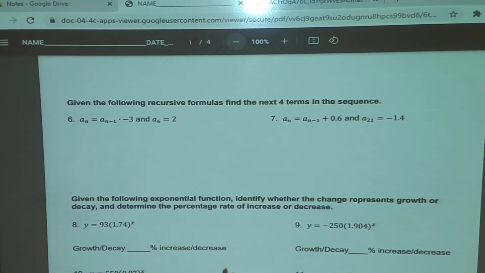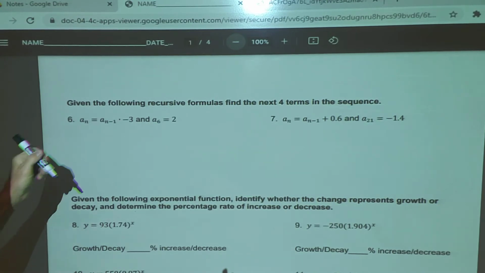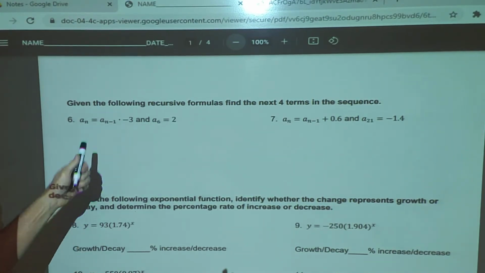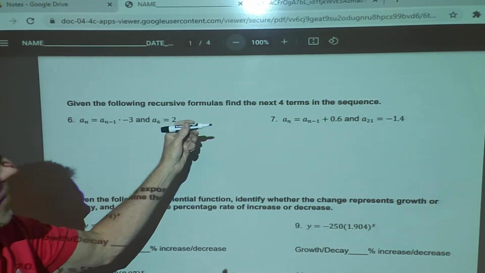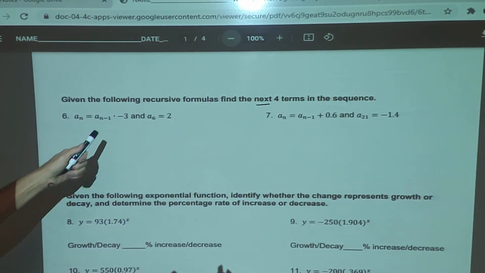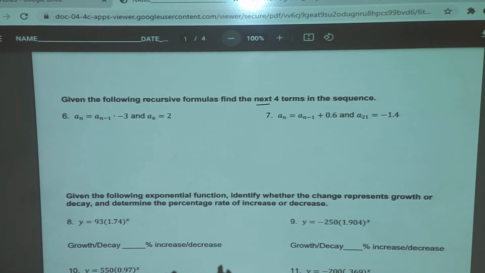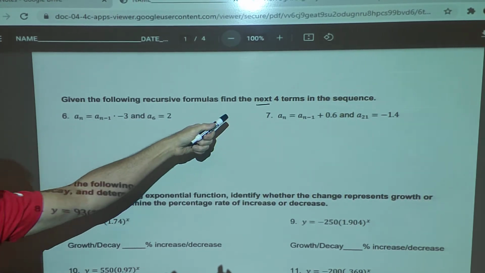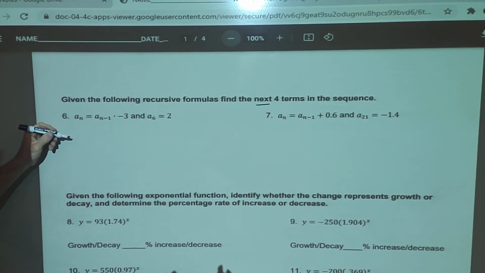All right, now problems 6 and 7 say, given the following recursive formulas, find the next four terms. So the first term they give us in problem 6 is 6. So the next term after 6 would be 7.